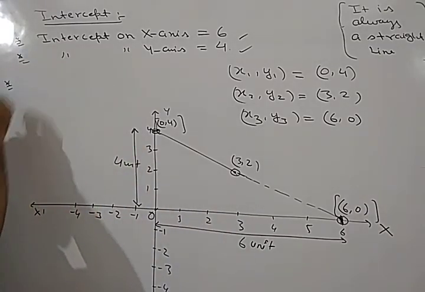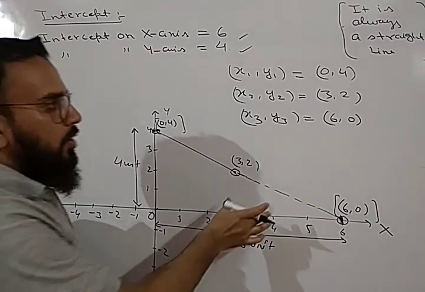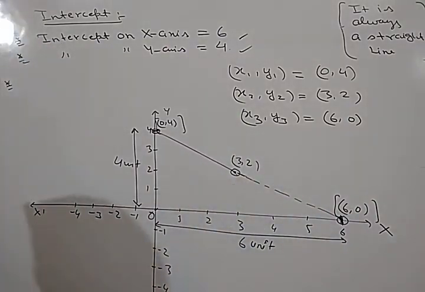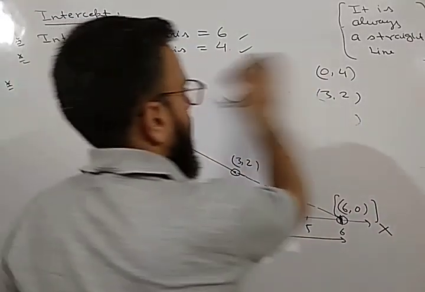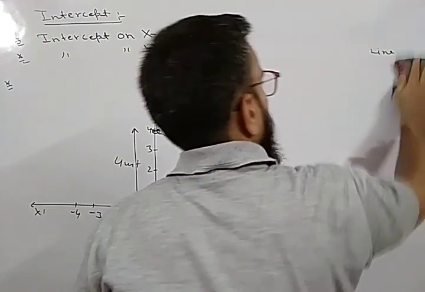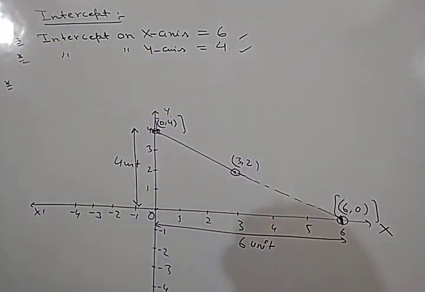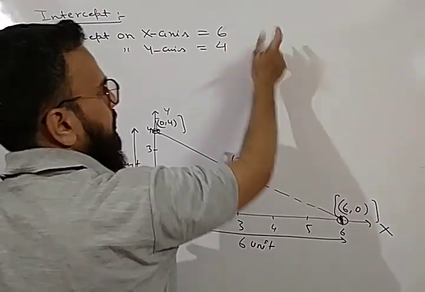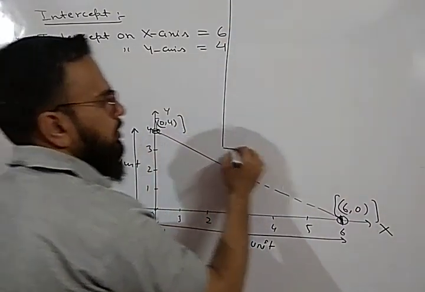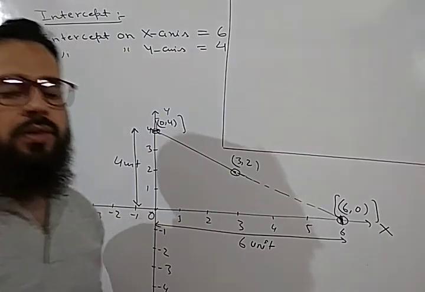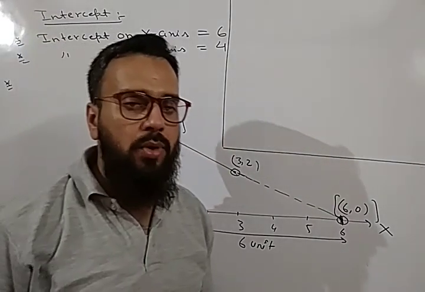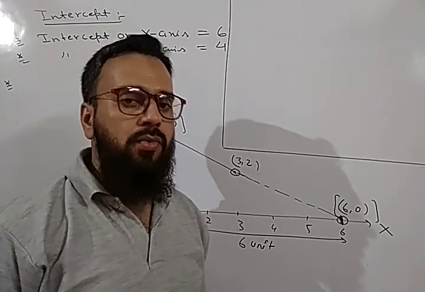There is one more important thing which you can find out from this graph itself. If it is not asked to draw the graph of a given equation, but we have to find the intercept on the x-axis as well as the y-axis.